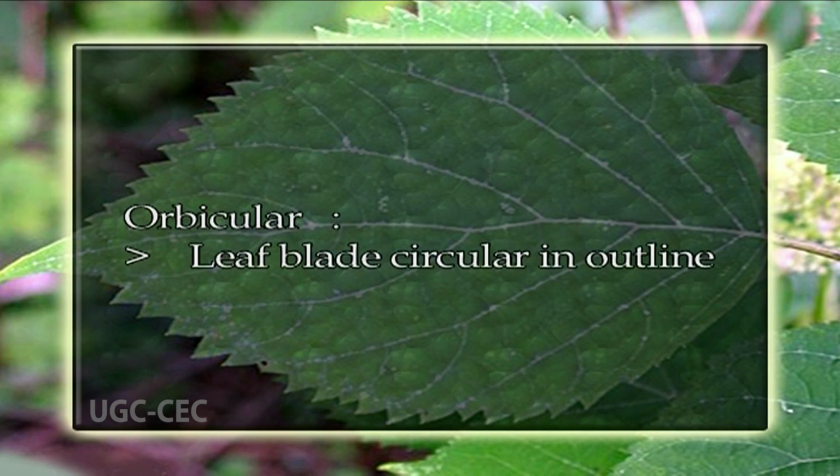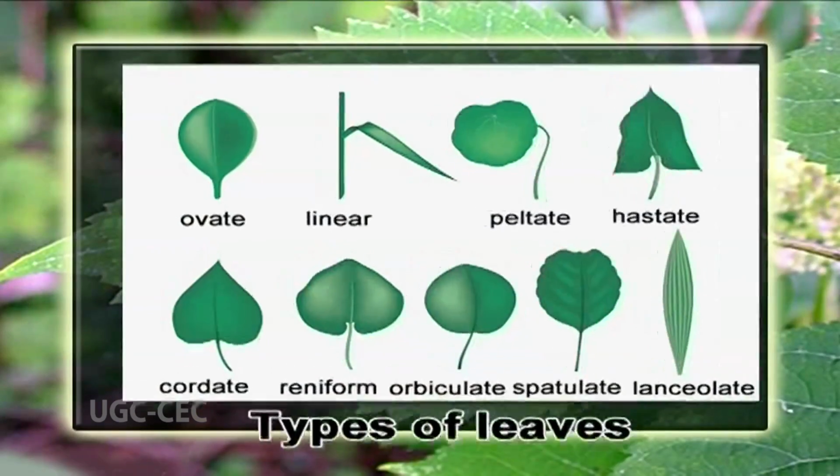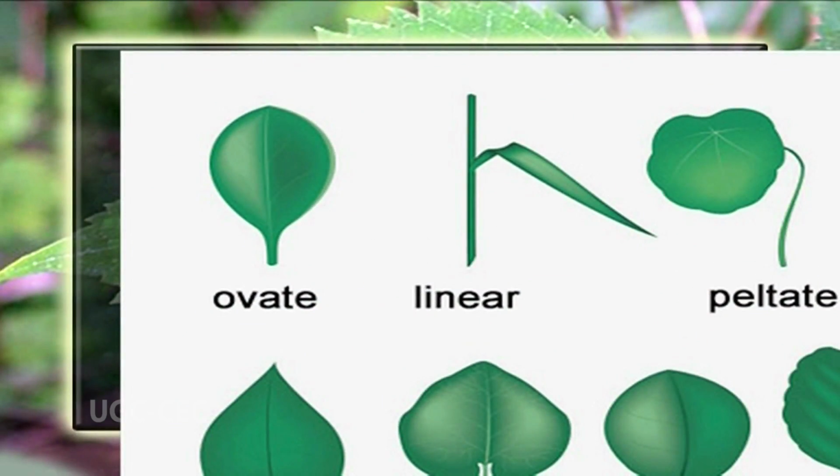Orbicular, that's the leaf blade circular in outline. For example, in common smoke tree, that's Cotinus coggygria. Then ovate, with an outline like that of a hen's egg, that's broader at the base than at the apex.